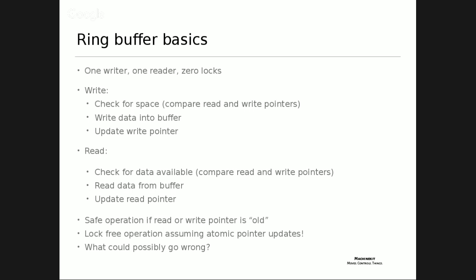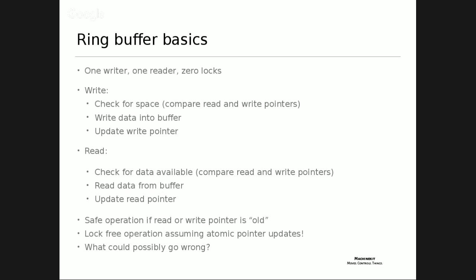This works because it's safe if the read or the write pointers are old. So if you're writing and the read process has been going on while you're looking at the pointers and trying to figure out if there's any space in the buffer, and you see an old version of the read pointer, then you see the buffer as more full than it is, and you don't write anything. On the read side, the same thing happens.